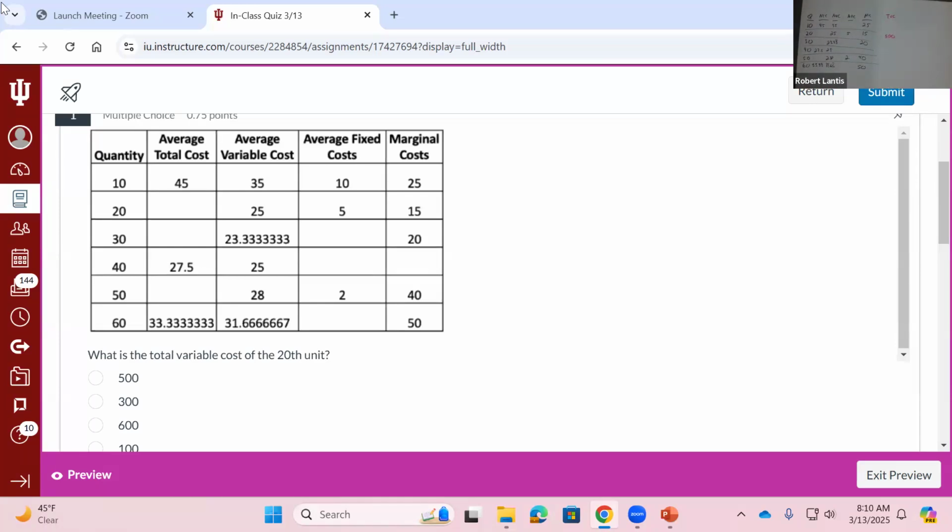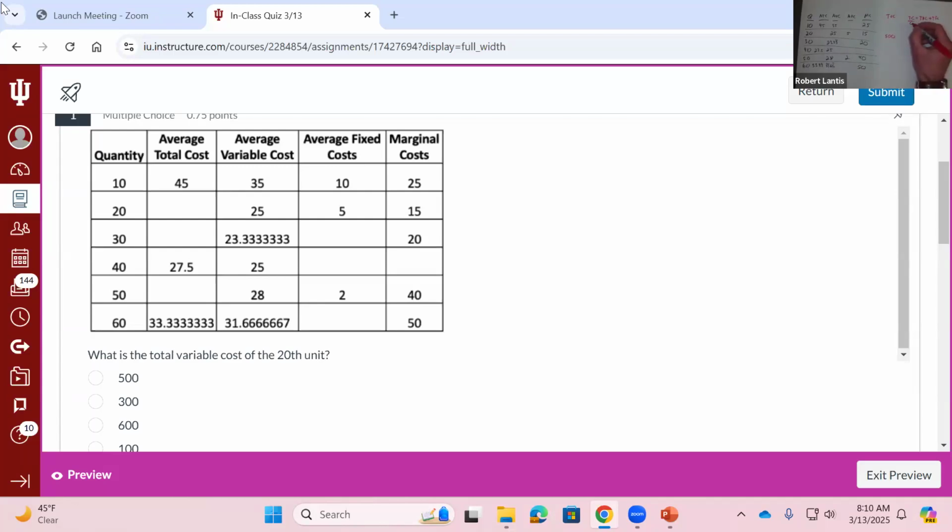So what are some other things I could fill in from this table relatively quickly? This is going to be any table I give you that maybe is missing parts, no matter what the question is. How could I fill out my average fixed cost column? So if my total costs are my total variable plus my total fixed, those are the only two types of costs we have.